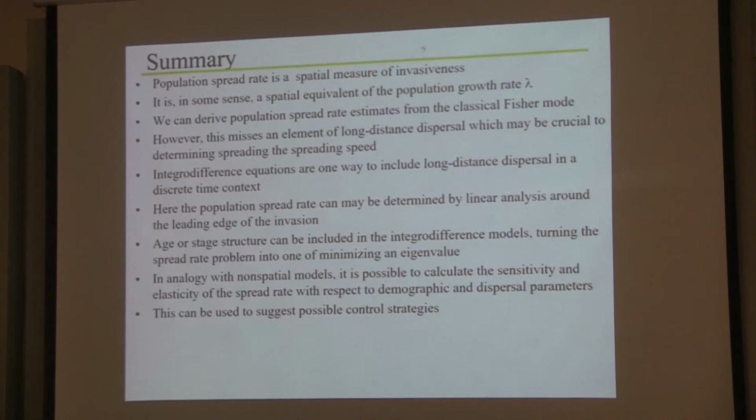Population spread is a spatial measure of invasiveness, much like lambda is a population growth rate that can describe invasiveness. We can understand the Fisher model, but it misses an element of long-distance dispersal, which is crucial. This is a scientific problem because we can create models to include long-distance dispersal, but then it's very difficult to measure.